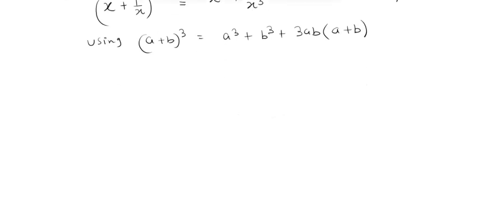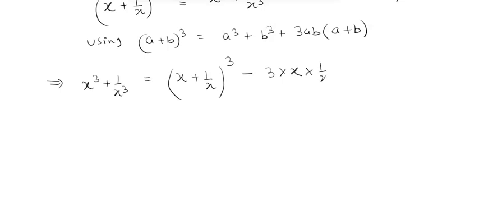Now after simplifying we will get x cube plus 1 by x cube is equal to, transpose this term. So x plus 1 by x whole cube minus 3 multiply x multiply 1 by x in bracket x plus 1 by x. Okay.